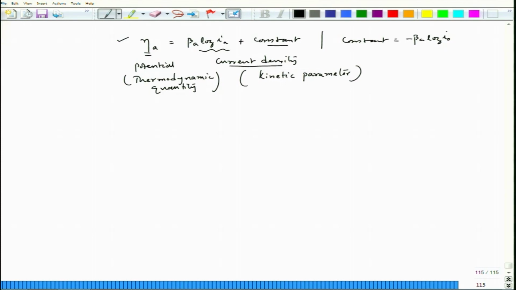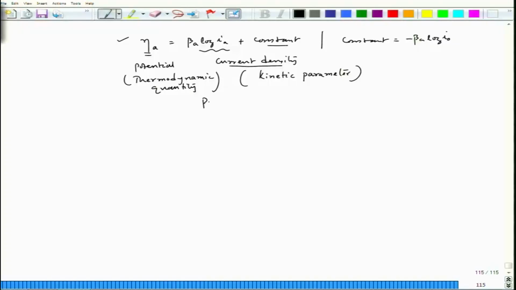That means, whenever we have a current flow, that means the net current flow, we are going to get polarization, which shifts the potential due to kinetic influence.